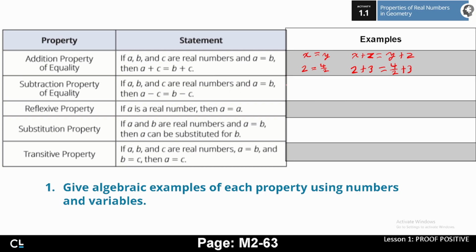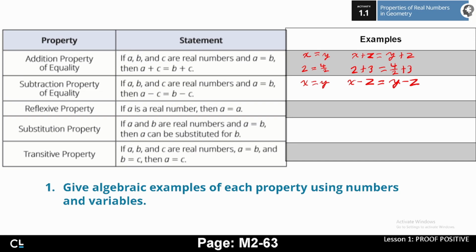Our subtraction property is the same thing, right? So if we have X equals Y, we could say X minus Z equals Y minus Z. Same thing. If you subtract something from both sides, the two things will stay equal because you're taking away the same amount from both sides of this equation.